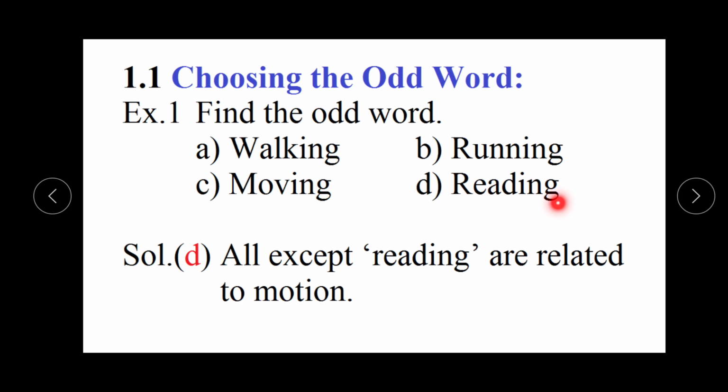Clearly, walking, running and moving are related to motion, but reading is not related to motion. It means reading is the different word. We classify the word reading on the basis of the common property of these three words. We are not looking at the unique property of reading, but at the common property of the three words.